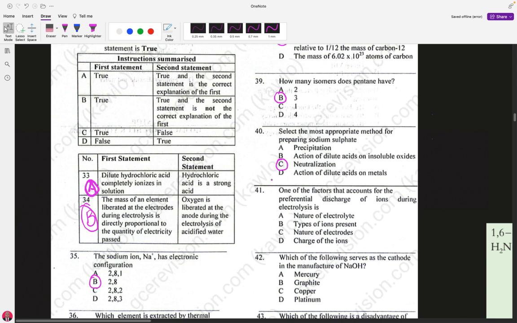Nature of electrolyte is not really important. The type of ions is not really important. They will go to the appropriate electrode, either to the anode or to the cathode. The charge of the ion is not very important, but the nature of electrodes is.